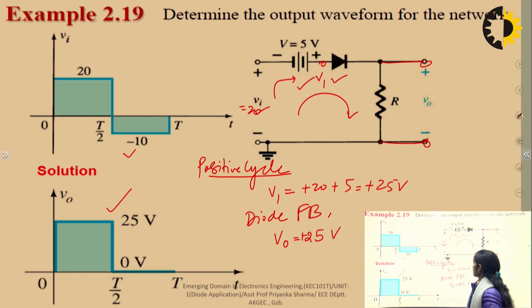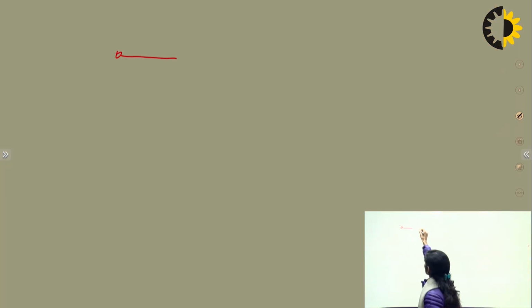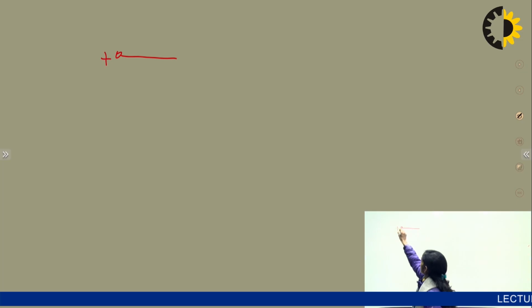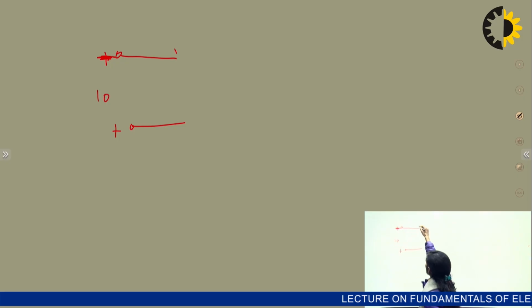Now if we take the negative cycle, or lesser than 5 volt, that is minus 10 volt here. If we take the minus 10 volt here, this end will be negative and this end will be positive, and this is 10 volt, and this battery is 5 volt, and the diode is connected here in this way.